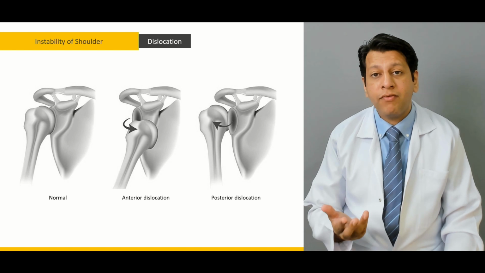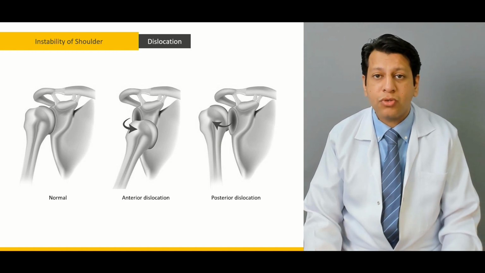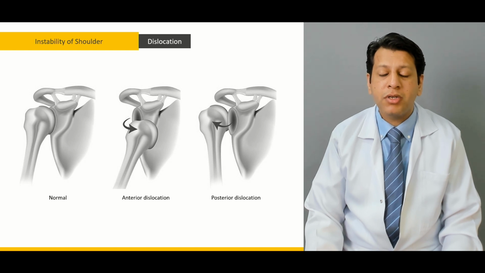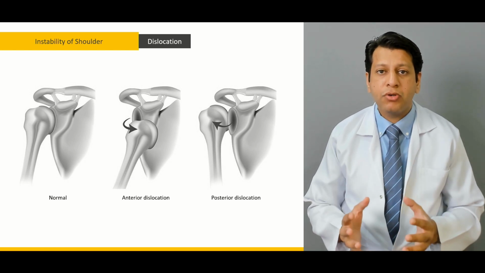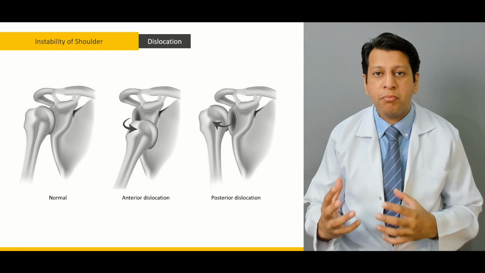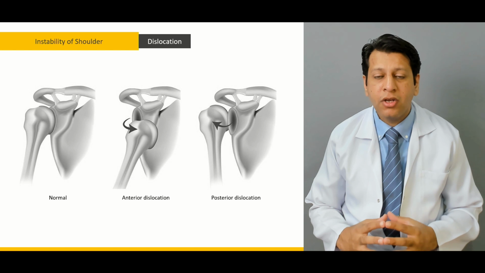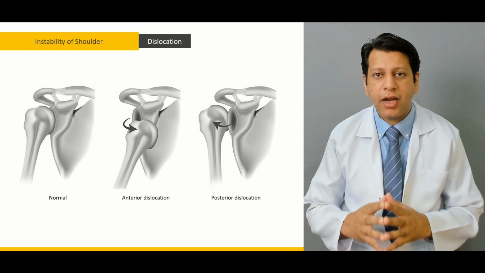As the inferior capsule is quite lax and thinner, it quickly dislocates, but that is quite rare because you need a specific kind of biomechanics and conditions for this to occur. Most commonly it's always the anterior dislocation.